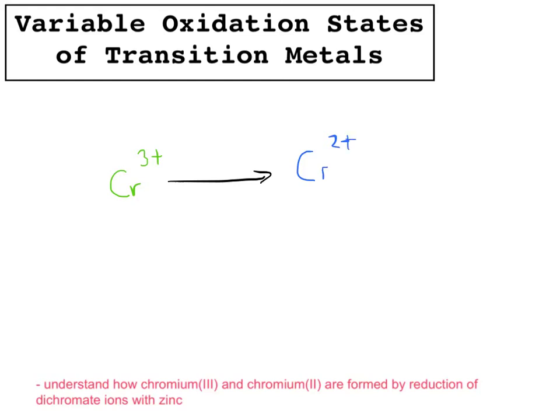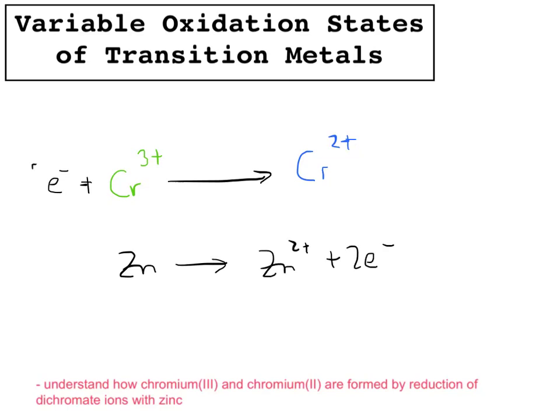And then to balance that, we just need to add an electron onto the left-hand side to bring both of the charges down to 2+. And then the zinc will get oxidized again to zinc 2+ and 2 electrons.